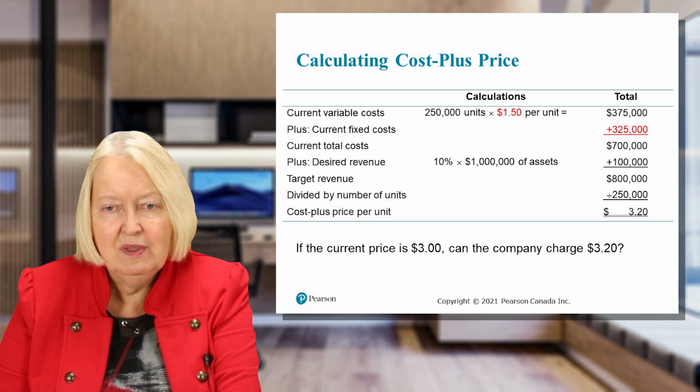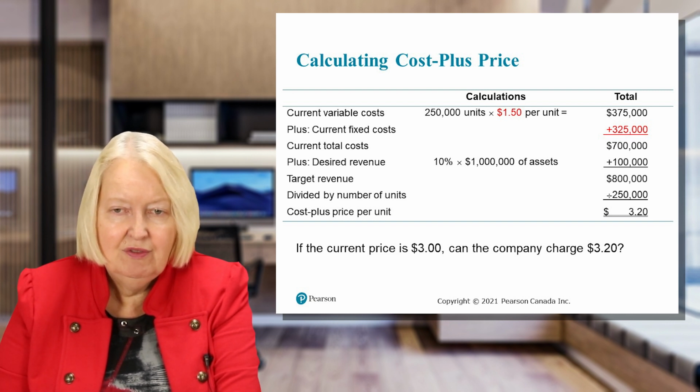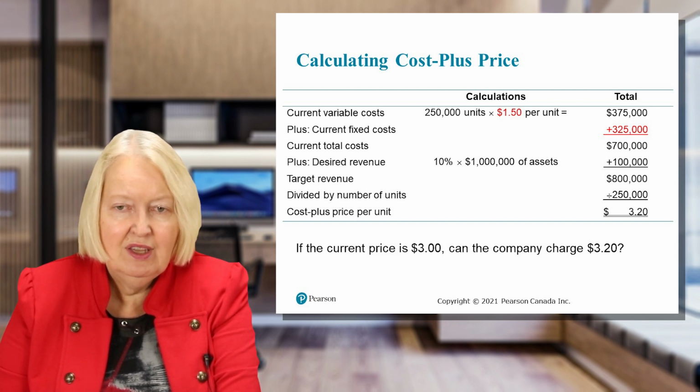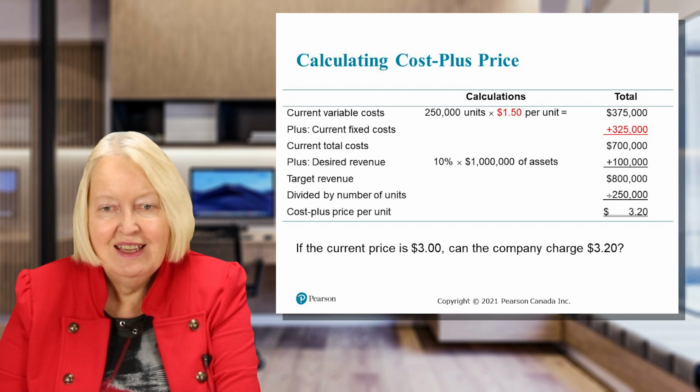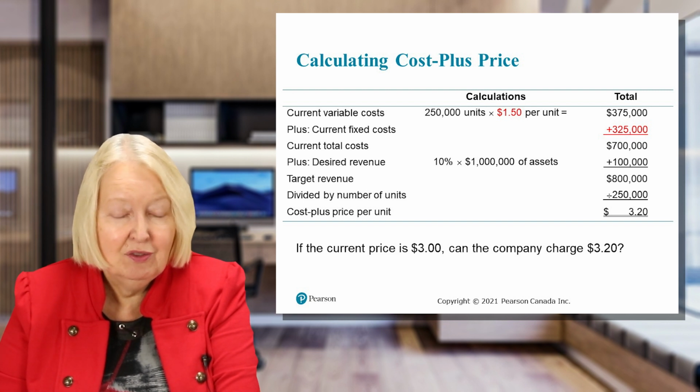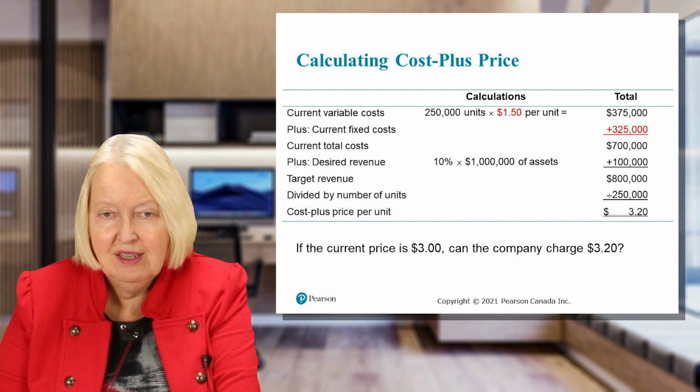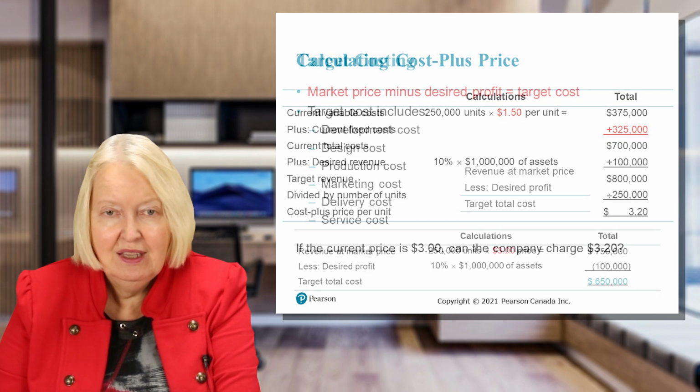So you're going to be selling your 250,000 units, so 800,000 divided by the 250,000, that tells you the price is going to be $3.20. But if the current price is $3, can they charge $3.20? Well, it all depends if you're a price setter or price taker.